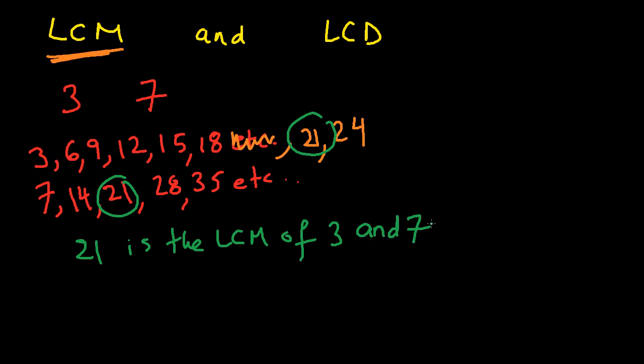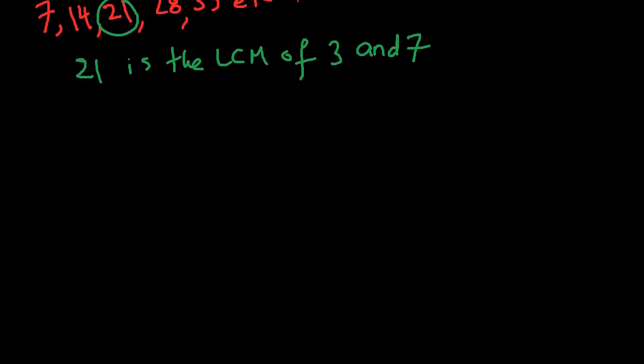Okay, so let's try another problem. Let's say we had the numbers 3 and 6, and I asked you to find the lowest common multiple. Again, we make a list of the multiples of 3.